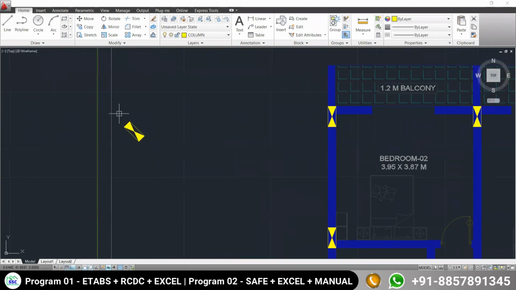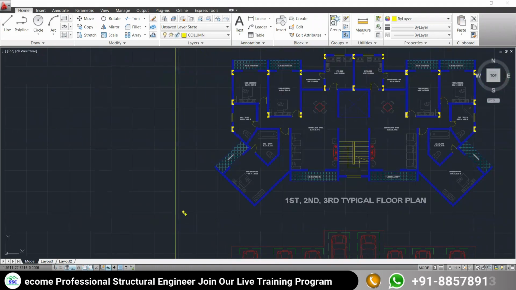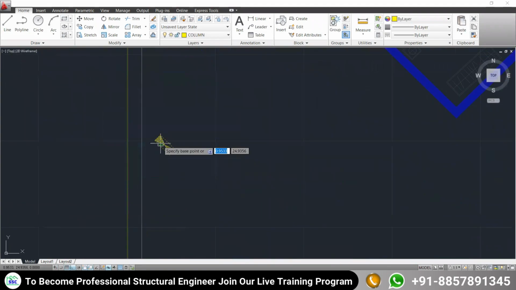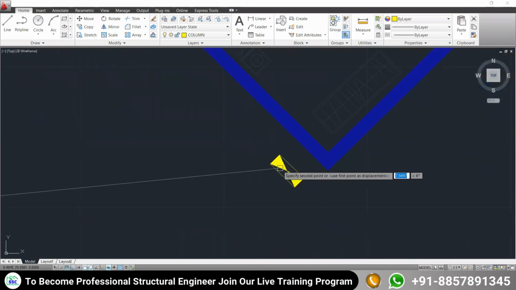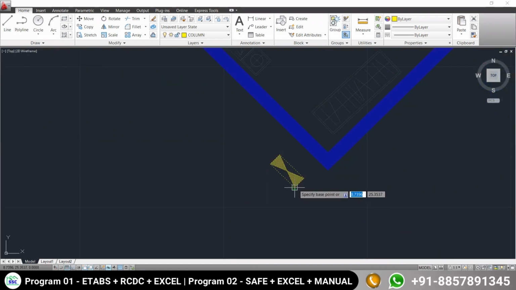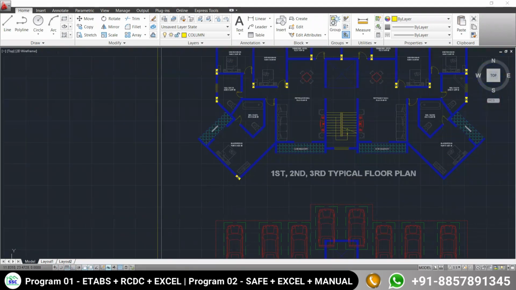Now take this from here to here. Move this and put this column here.